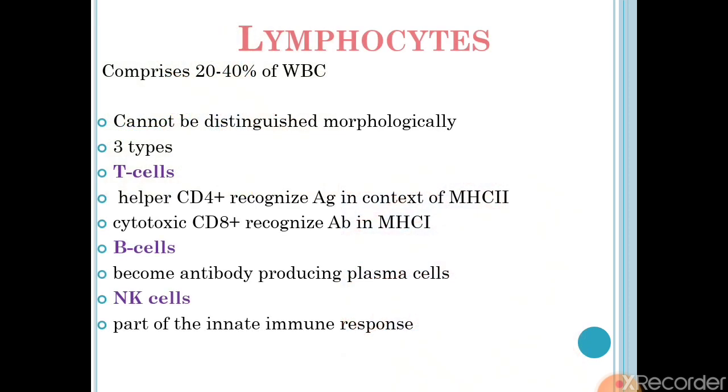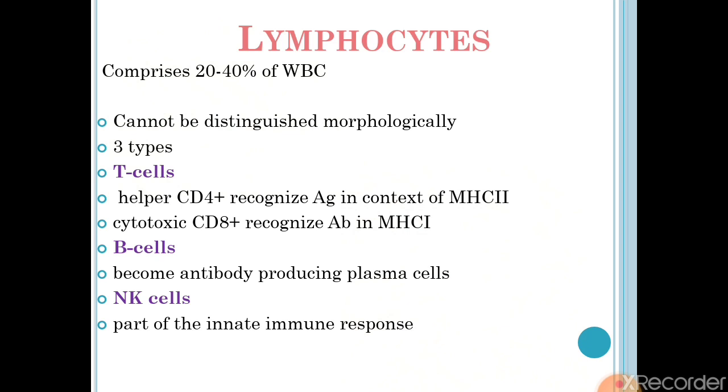Now comes the lymphocytes, which comprise 20 to 40% of the white blood corpuscles, so leukocytes. These lymphocytes cannot be distinguished morphologically. There are three types of lymphocytes: T lymphocytes, B lymphocytes and natural killer cells. Now T lymphocytes are further classified as T helper and cytotoxic T cells, also called CD4 and CD8 cells.